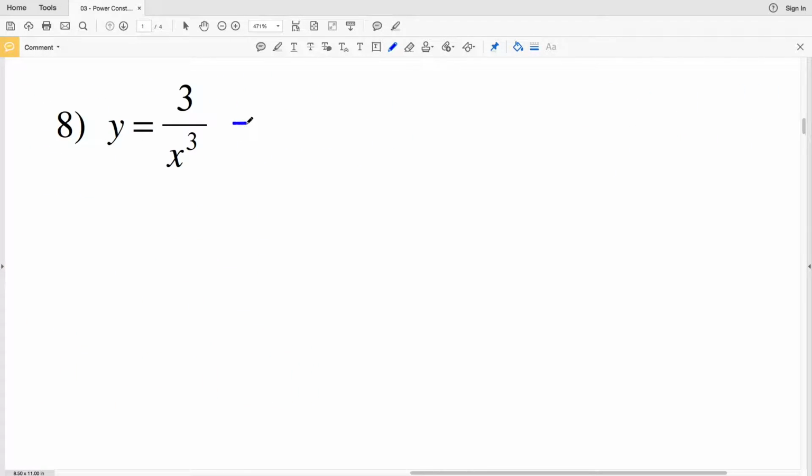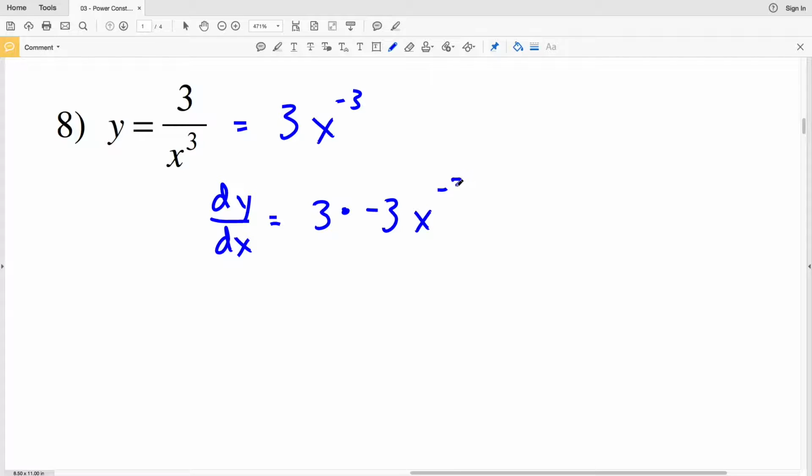In number 8, I'm going to rewrite this as 3 times x to the negative 3rd, so that we can apply the power rule. So the derivative of y with respect to x is going to be 3 times n, which is negative 3, times x to the n minus 1, negative 3 minus 1. 3 times negative 3 is a negative 9, and that's x to the negative 3 minus 1, which is x to the negative 4.